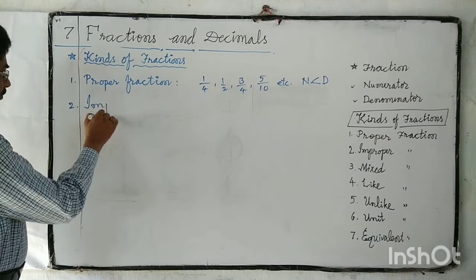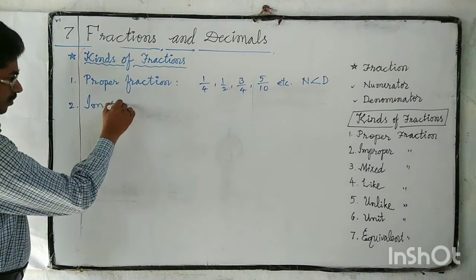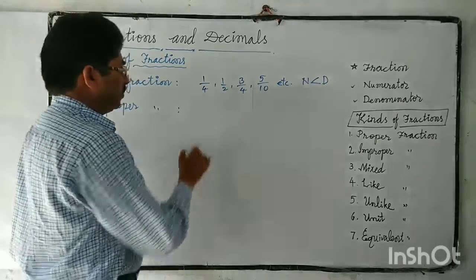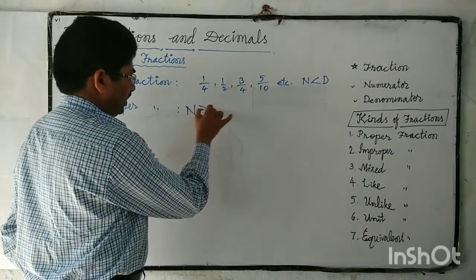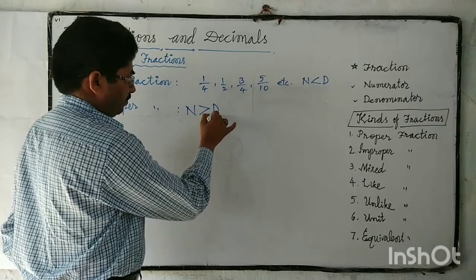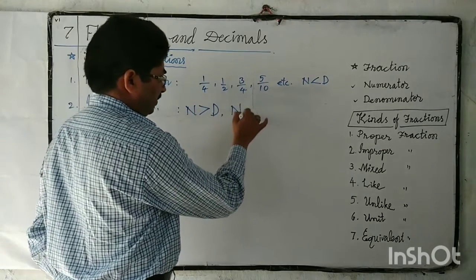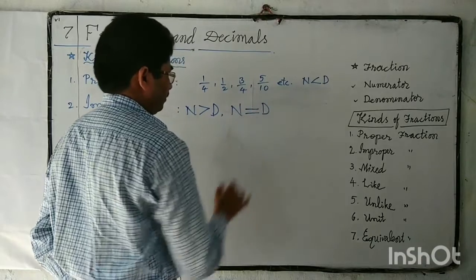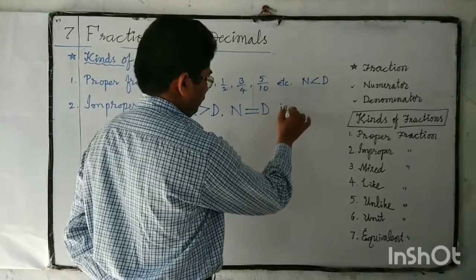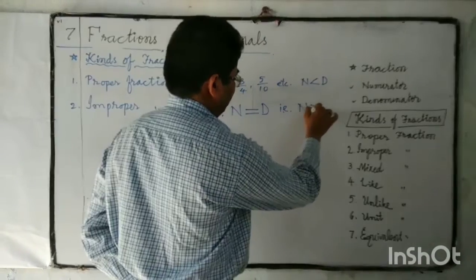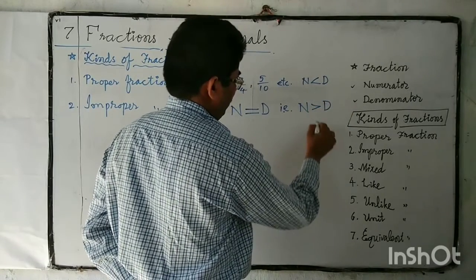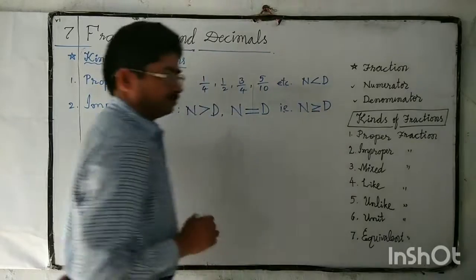Improper fraction: numerator is greater than the denominator or numerator is equal to the denominator.